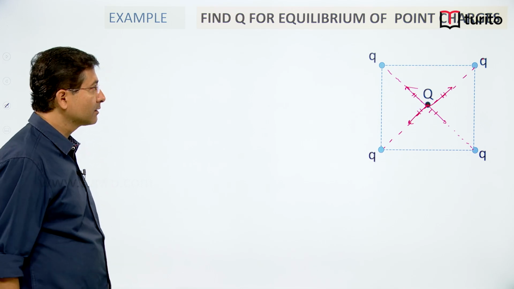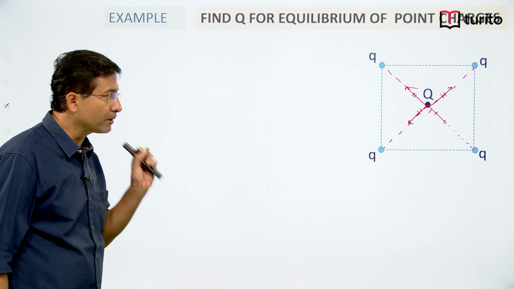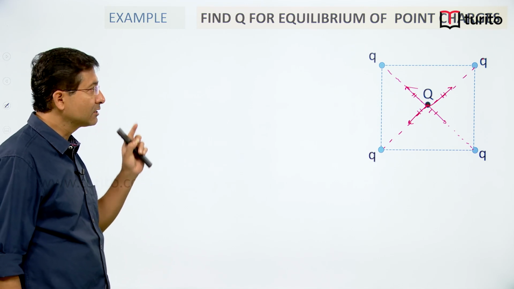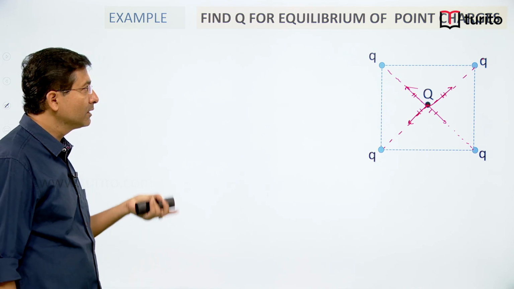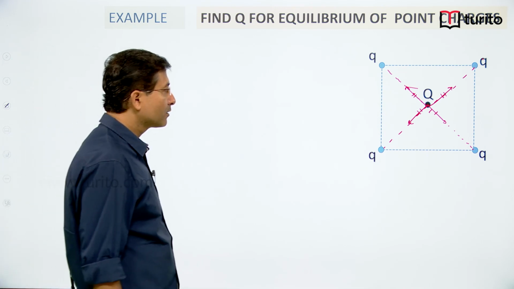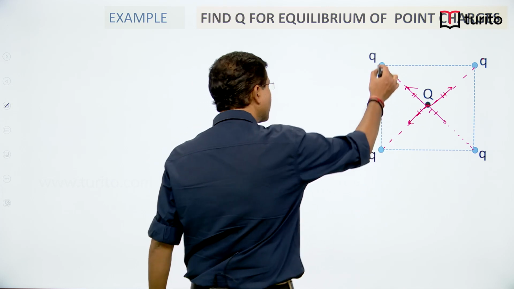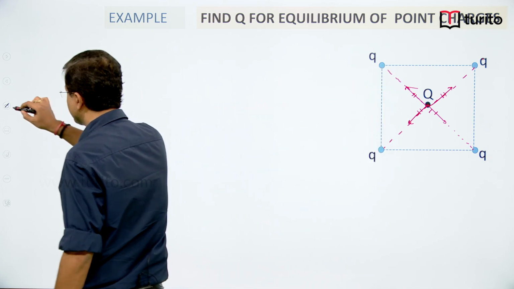Let us find out if for a particular value of Q, this small q is in equilibrium, or for all the values of Q, this will be in equilibrium. Now I will draw the free body diagram of this small q.